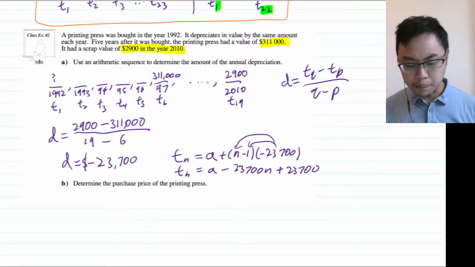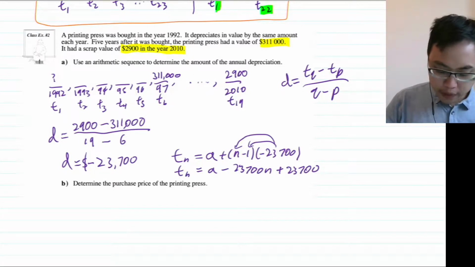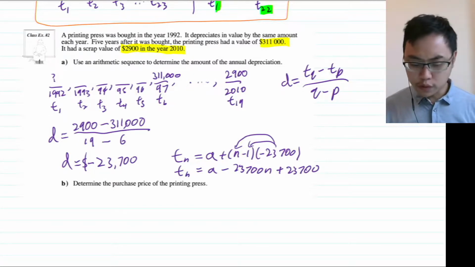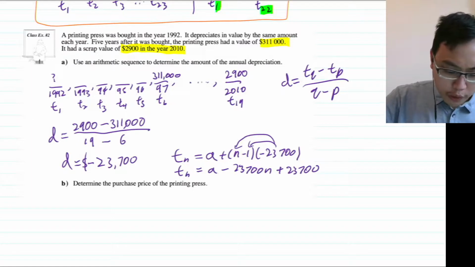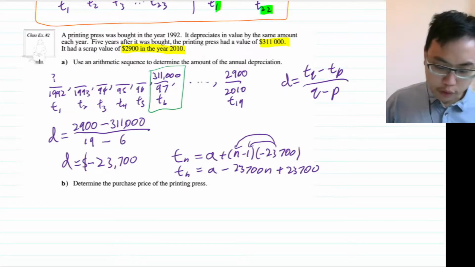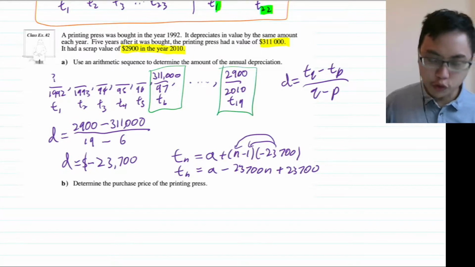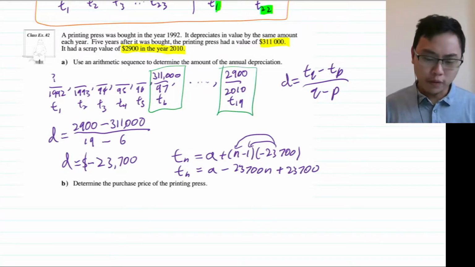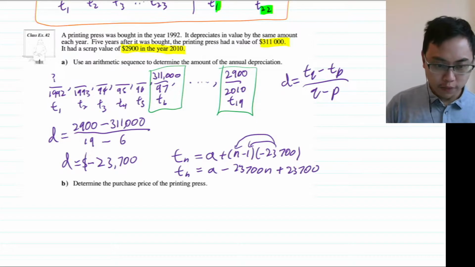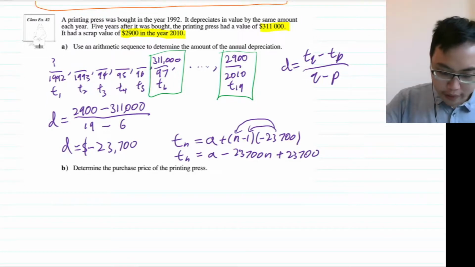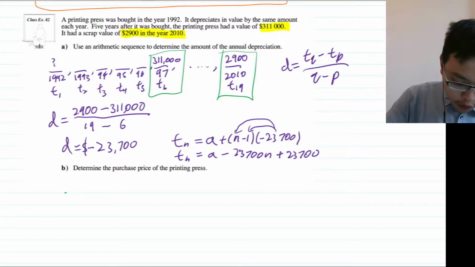But I don't know what A is, and that's what we're trying to find in part B. So Tn, we don't know Tn, but we do know a term. I can either choose to use term 6 or I can choose to use term 19. I'll just choose one of them. It's okay. I'm going to choose term 6 just for now. So I know that at T6, that's $311,000.